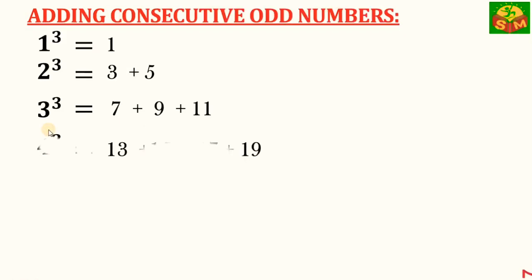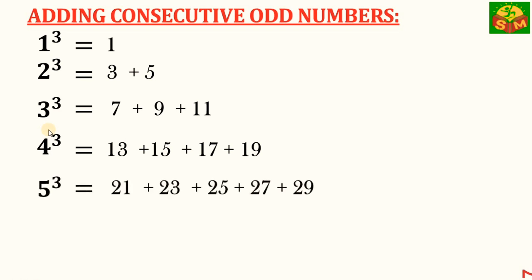Again, 13 plus 15 plus 17 plus 19 gives us 64, that is 4 cubed. And similarly 21 plus 23 plus 25 plus 27 plus 29 gives us 125, that is 5 cubed.